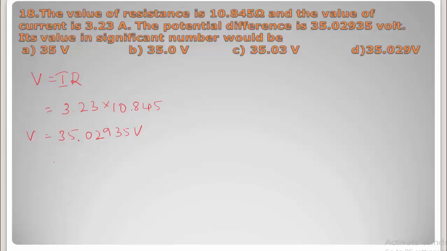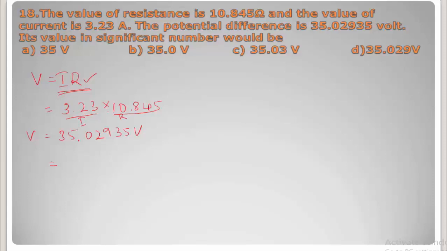Okay, so if the given number is a product of two quantities with significant figures, here the potential difference is the product of current and resistance, isn't it? So if such a quantity is given, you have to write the answer in terms of the least significant figures of these two. So here I, R.